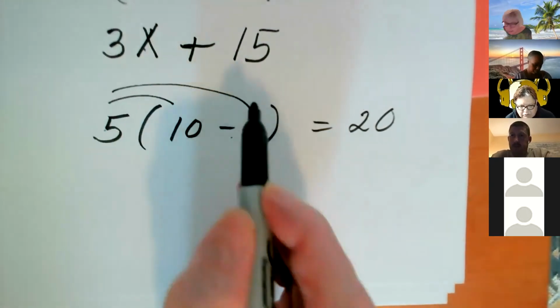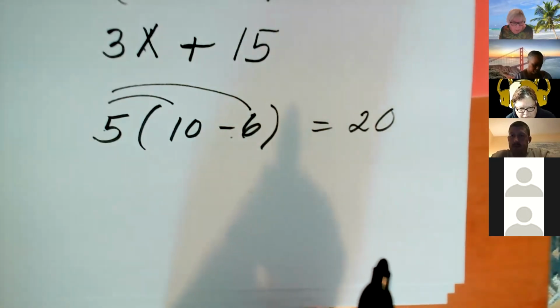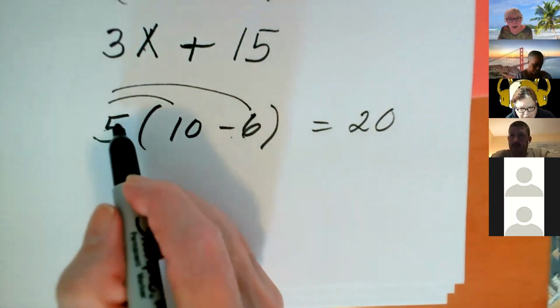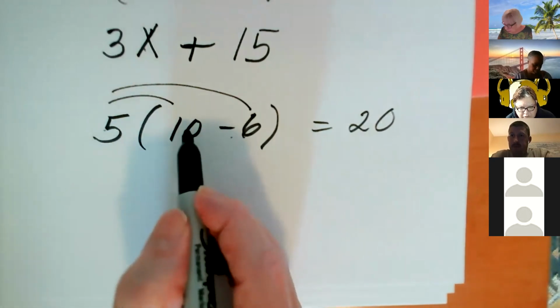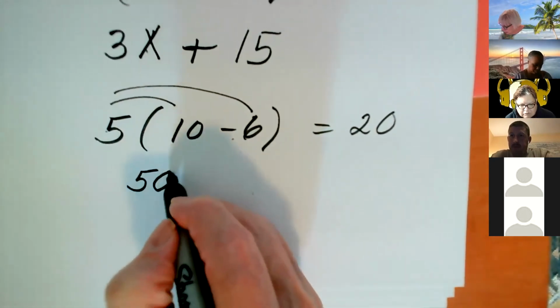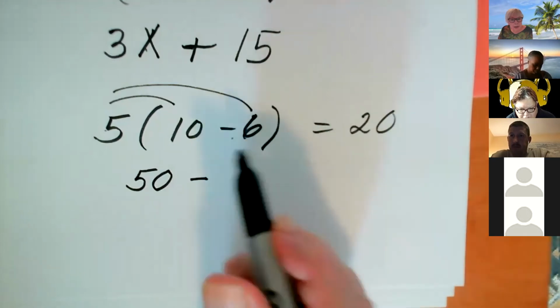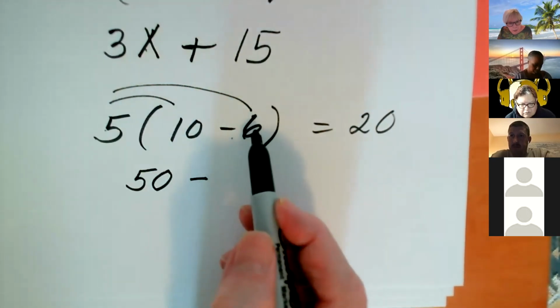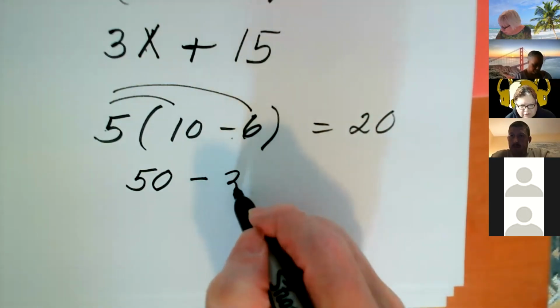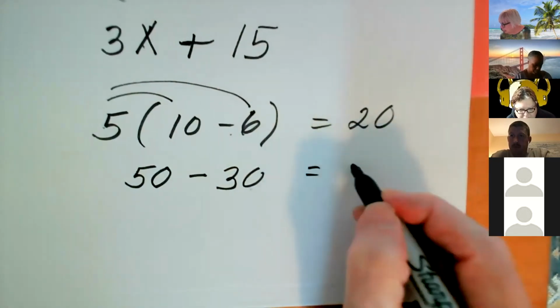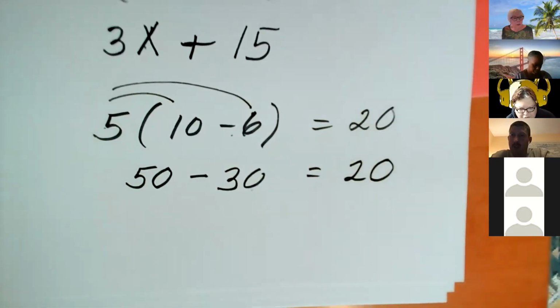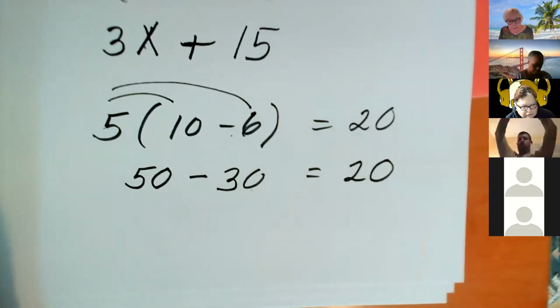But to convince yourself that it works with the other way, 5 times 10, remember that's an easy one, is 50. Then the minus 5 times 6, 30. 50 take away 30 is still 20. So sometimes we need to convince ourselves that's going to work. And so again, it's like a shortcut.